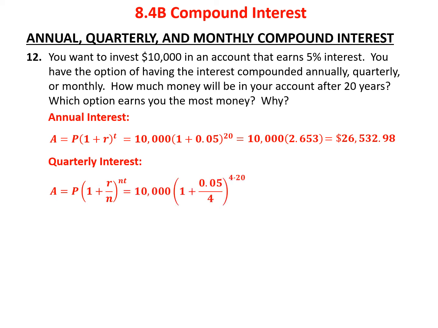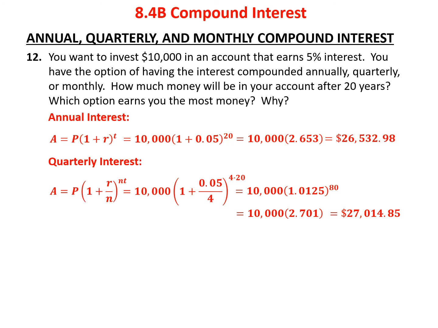Let's look at quarterly. Now I'm going to have the 5% divided by 4 and done 4 times a year, and it'll be done 4 times 20, 80 times. Okay, so when we do the calculation here, we end up with 10,000 times 2.701, or $27,014.85.